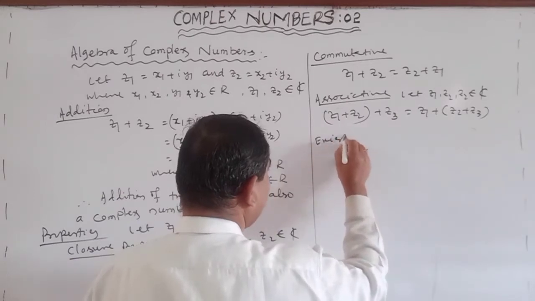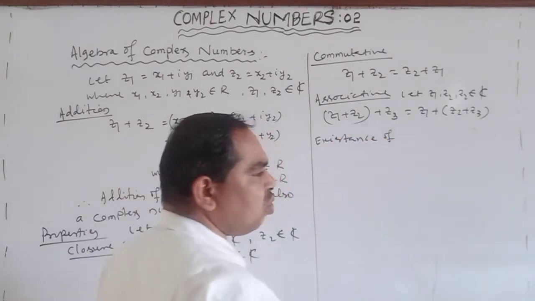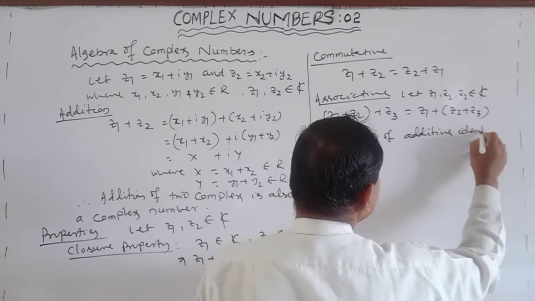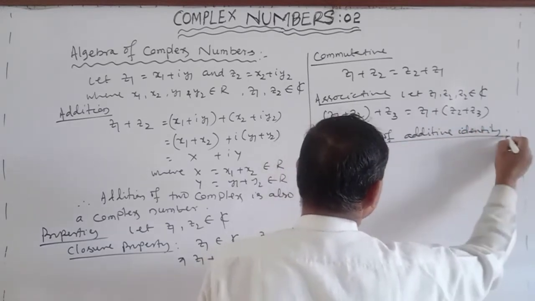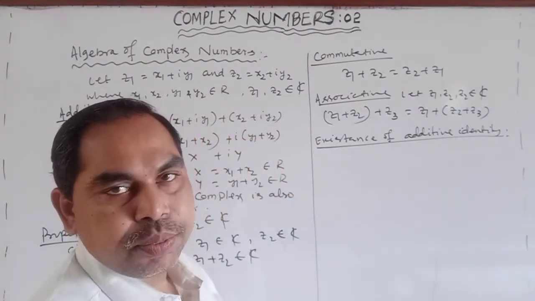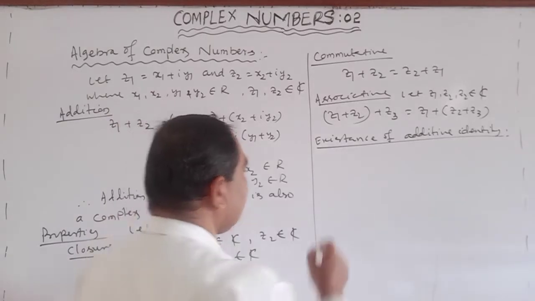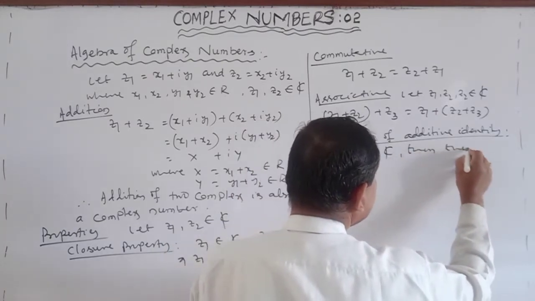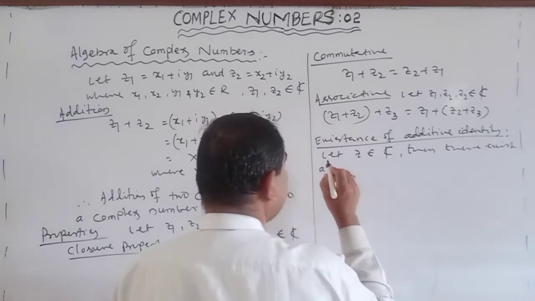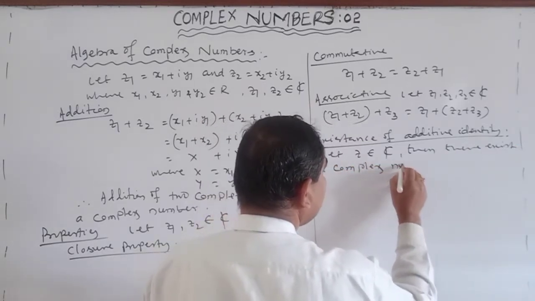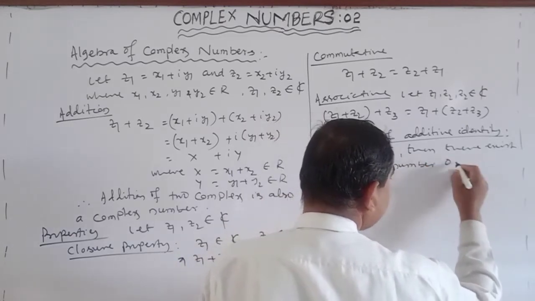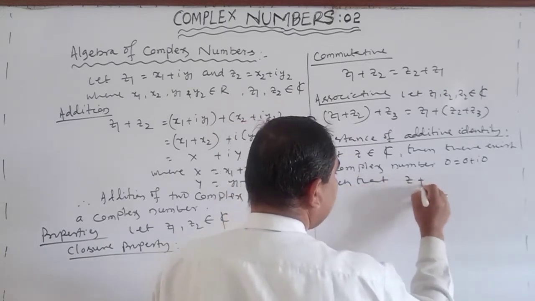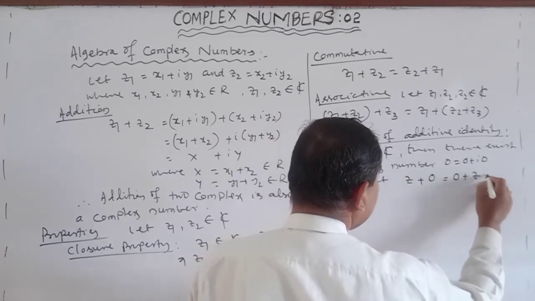Next, existence of additive identity. Let z belong to set of complex number C, then there exists a complex number 0, that is 0 plus i into 0, such that z plus 0 is equal to 0 plus z is equal to z.